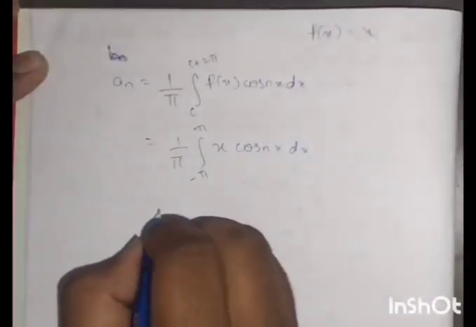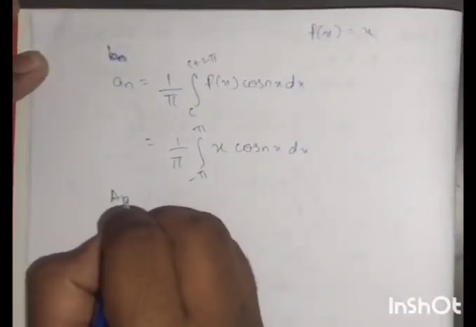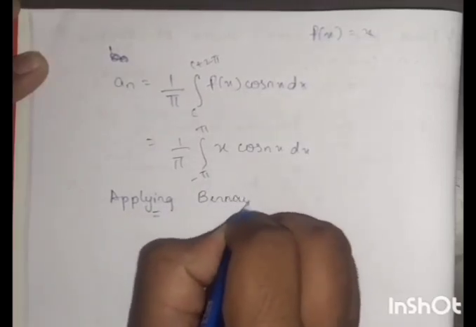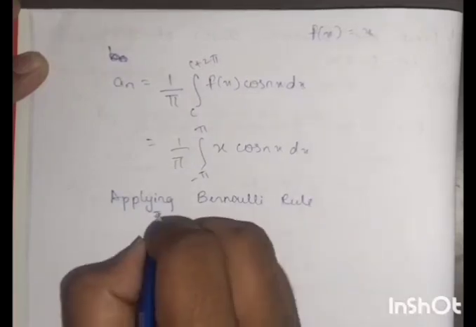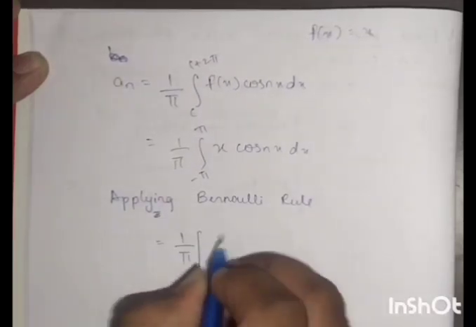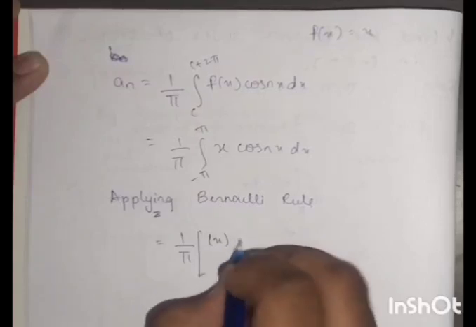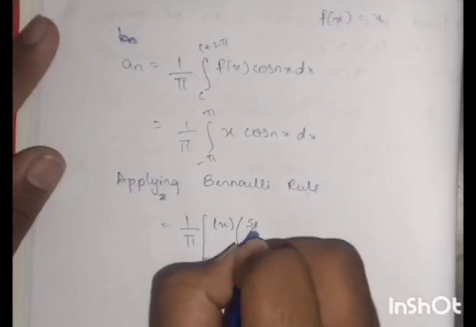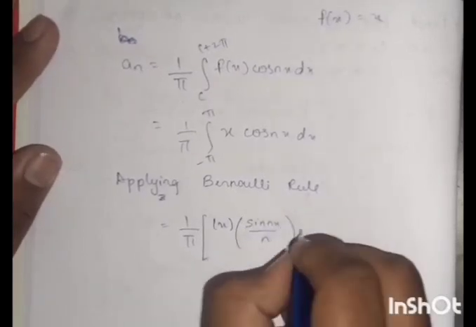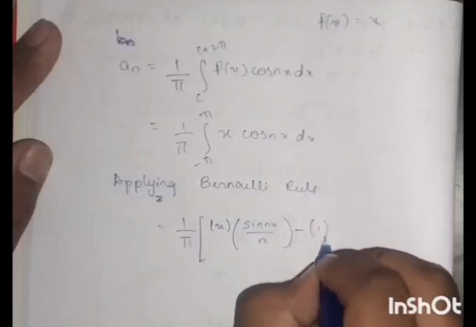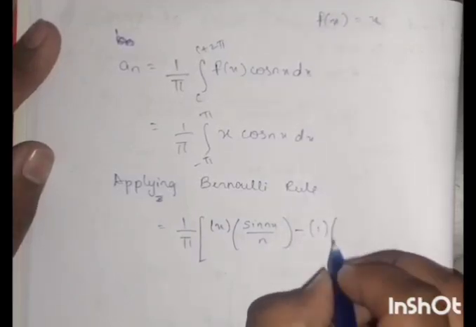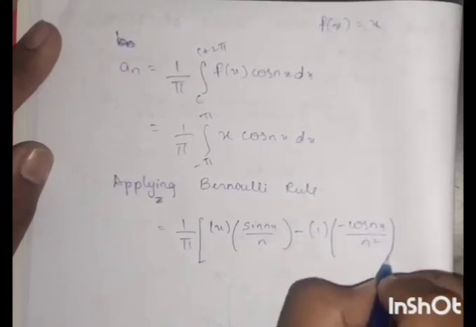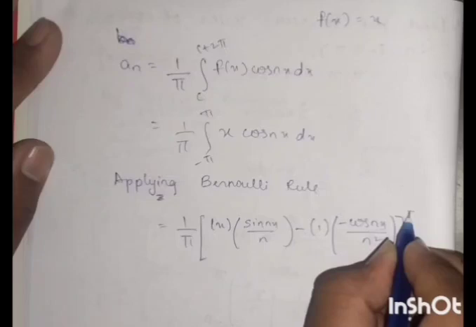Now applying Bernoulli's rule, as we have already discussed, we get 1 by pi, x as it is, and integration of cos nx is sin nx by n, minus differentiation of x, which is 1, and integration of sin nx by n is minus cos nx by n square, from minus pi to pi.